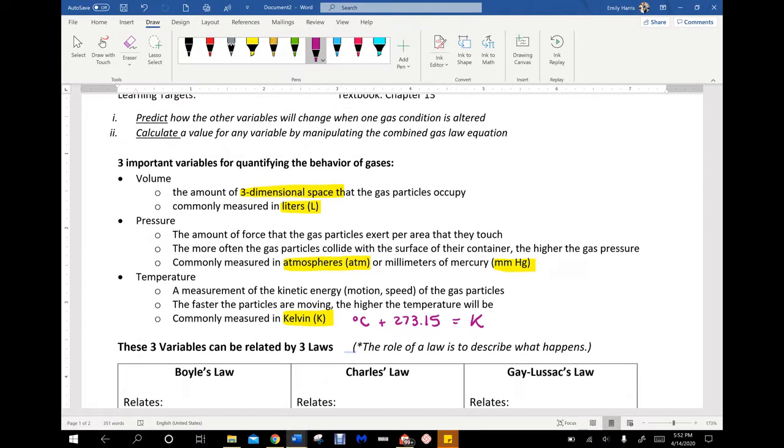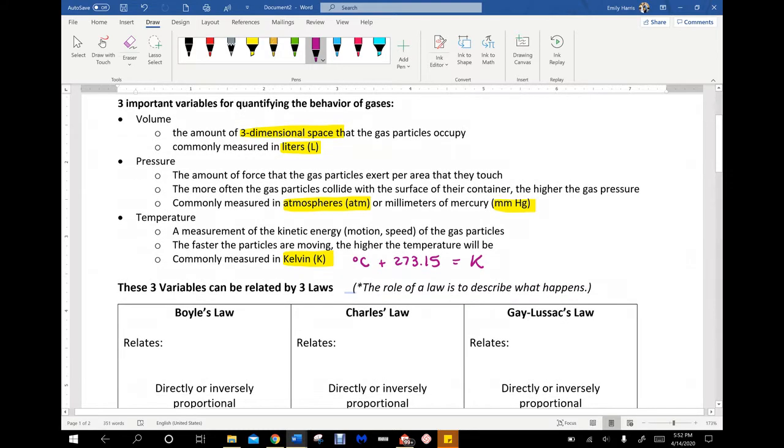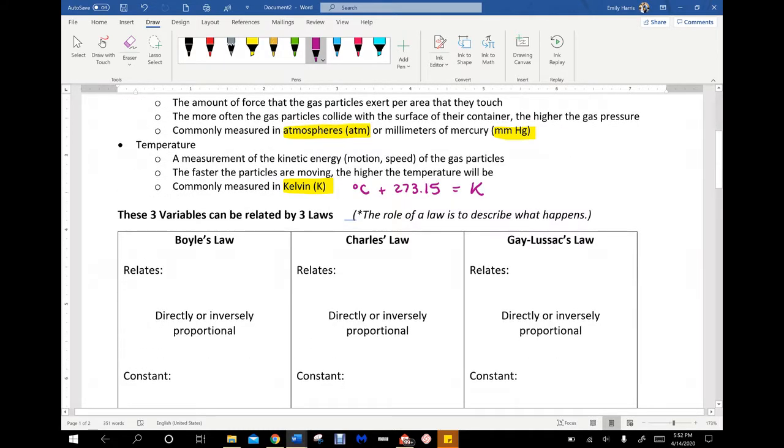If we take these three variables and look at their relationships, they can be related by three different laws. The role of a law is to simply describe what happens. For example, a law might say, as the volume goes down, the pressure goes up. That's Boyle's law.